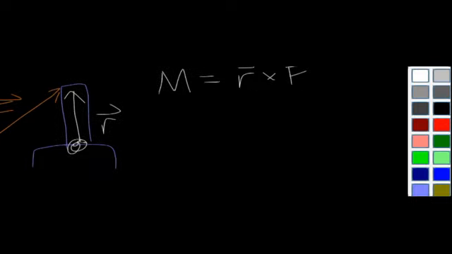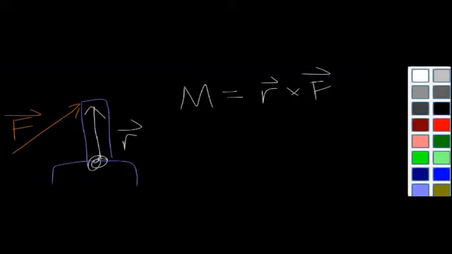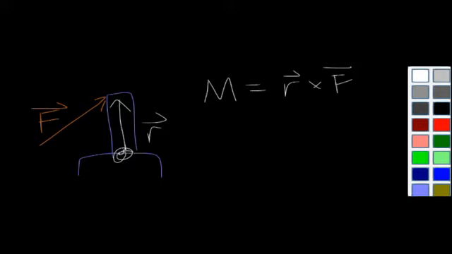So how do we take R cross F? Of course, you can take the magnitude and use the right hand rule, but let's use the determinant way and find the direction later with the right hand rule.